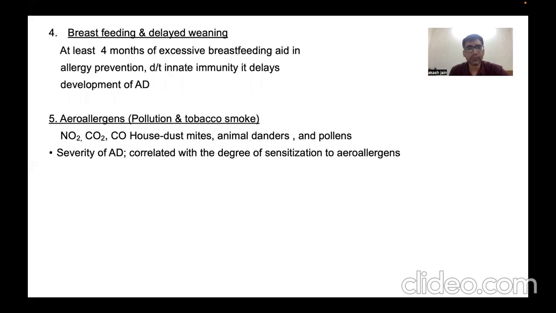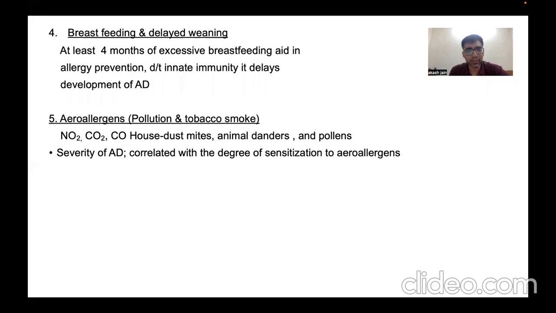Now, the fourth environmental factor is breastfeeding and delayed weaning. At least 4 months of exclusive breastfeeding helps in allergy prevention due to innate immunity. It delays the development of atopic dermatitis, so it helps. Fifth is allergens, that is pollution and tobacco smoke. Nitric oxide, carbon dioxide, carbon monoxide, house dust mites, animal danders, and pollens.